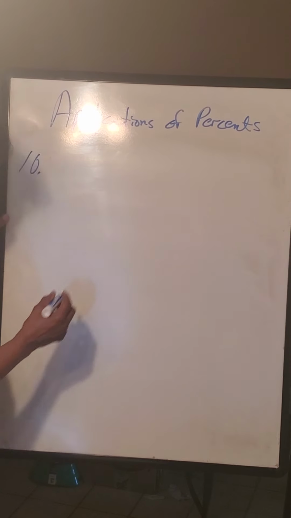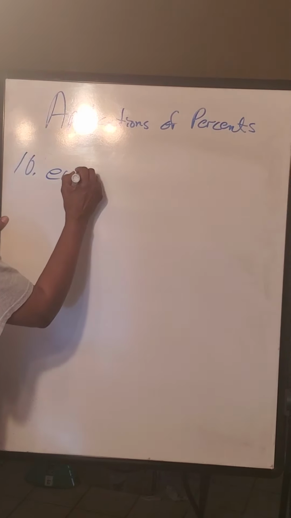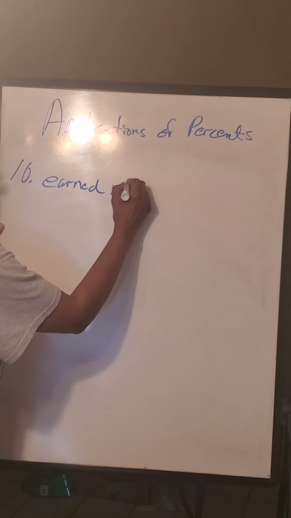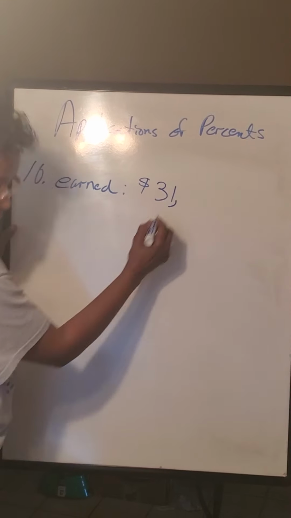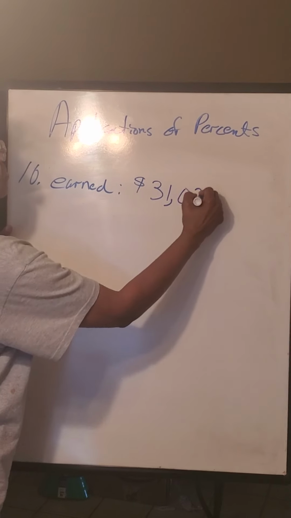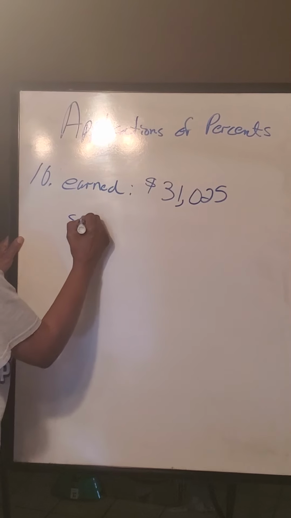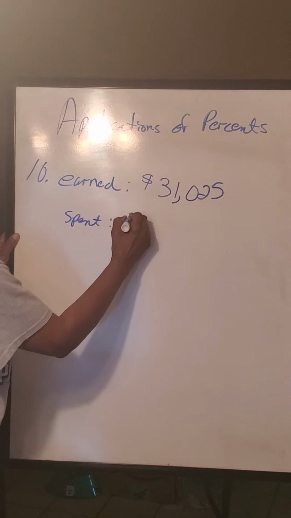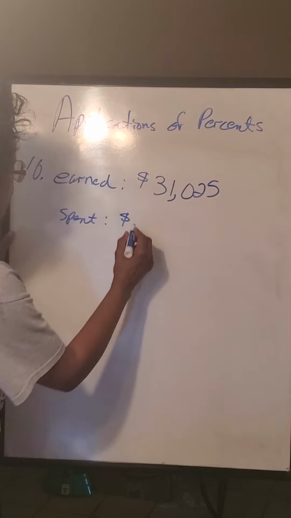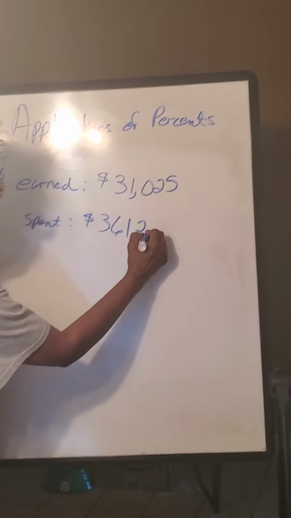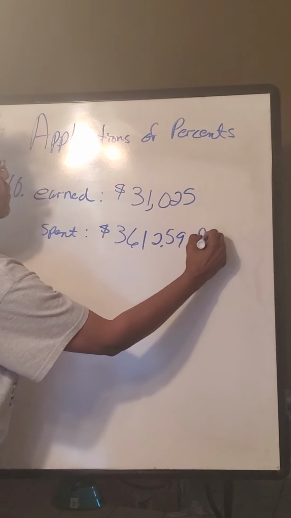Let's say that you earned $31,025. That's how much you earned, okay? You spent $3,612.59 for food.